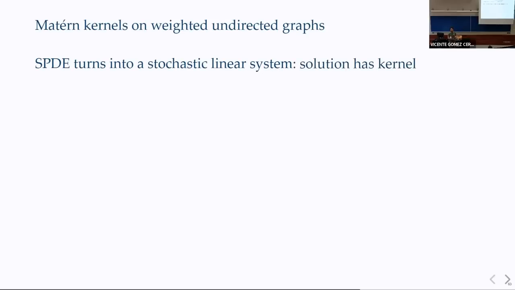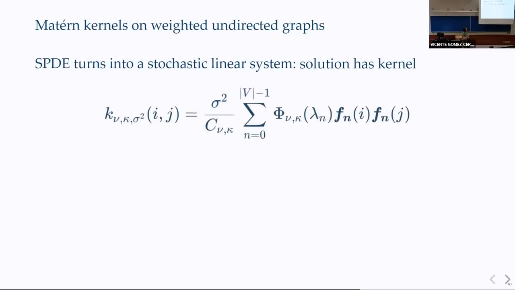And the solution will be a Gaussian process with a kernel of this form. Here you have a summation with the number of terms equal to the number of nodes in the graph. Here you have some coefficients, and these are basis functions. This is a Mercer type of decomposition for the kernel.